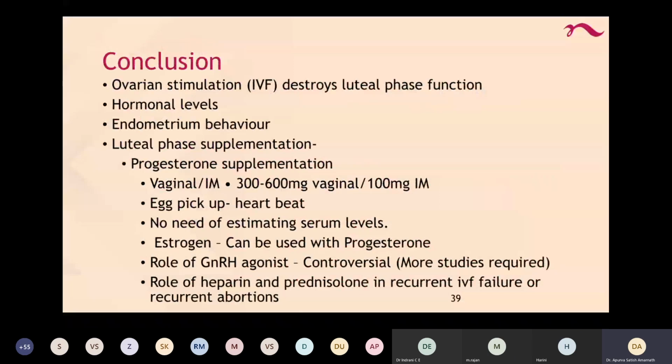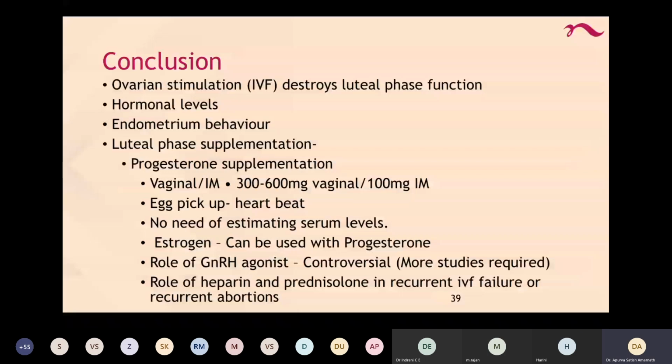The reason why we would require luteal support is that ovarian stimulation basically destroys luteal phase function, the hormonal levels, and the endometrial behavior. Some of the common luteal supplementation is progesterone supplementation. It is vaginal or intramuscular, that is 600 to 800 milligram vaginally or 100 milligram intramuscularly.